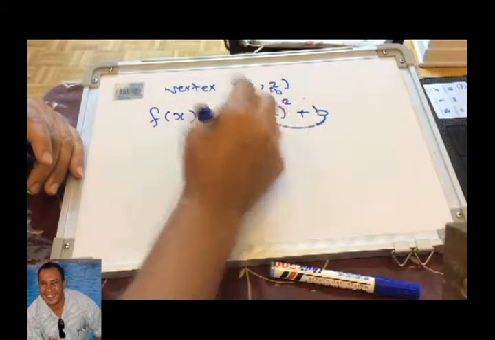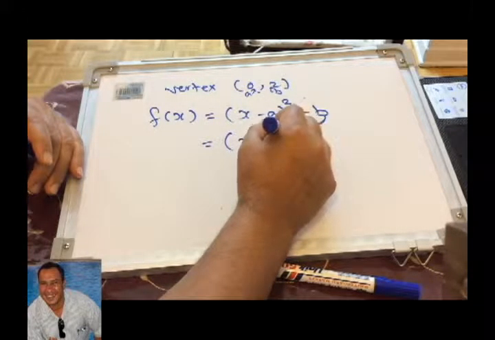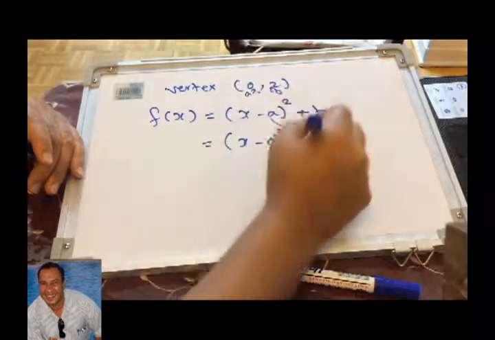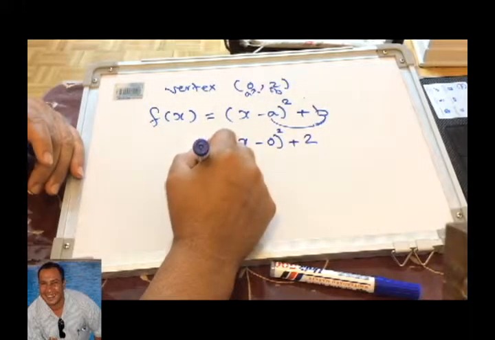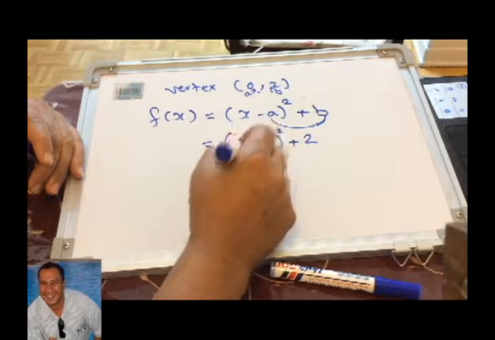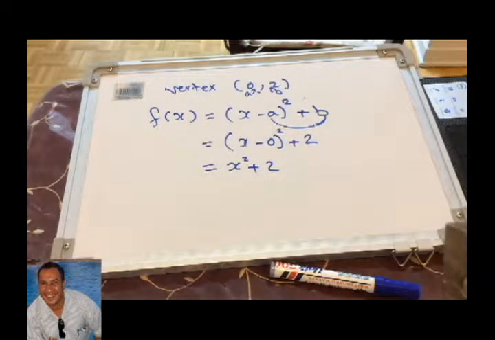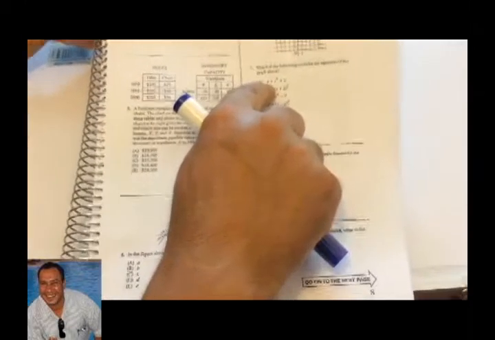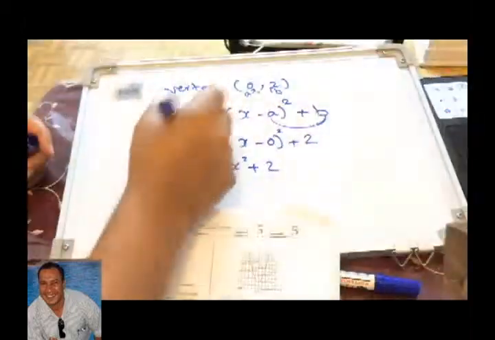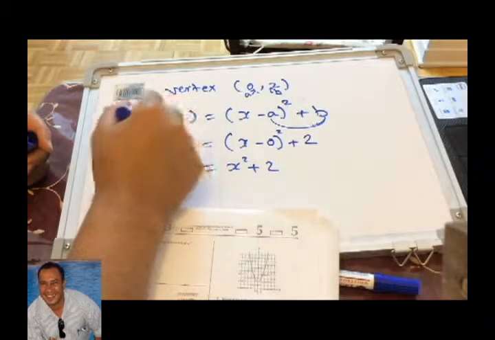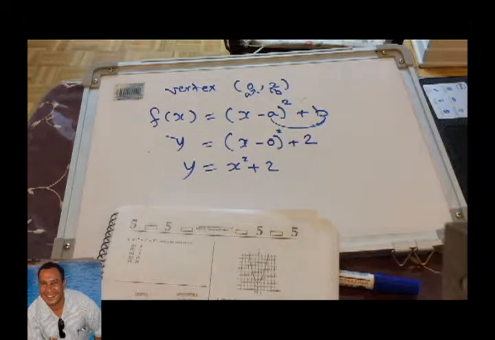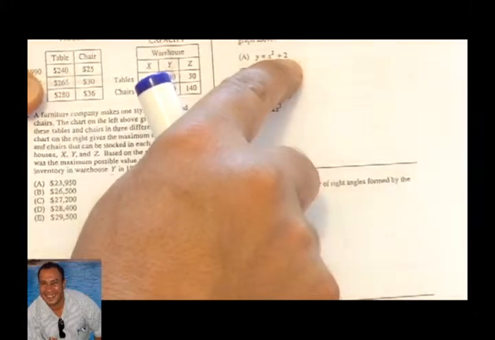Substitute: x minus a, which is 0, squared, plus b, which is 2. This means x minus 0 is x, so x squared plus 2. We have this answer present in A. You have to know that f of x is the same as y. So the answer is A, x squared plus 2.